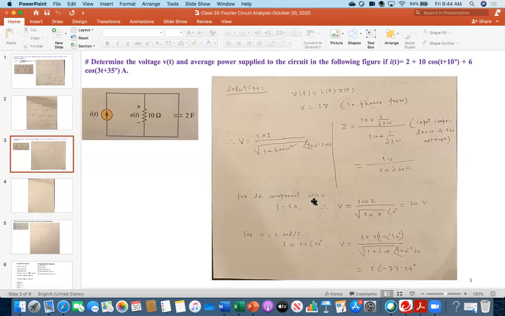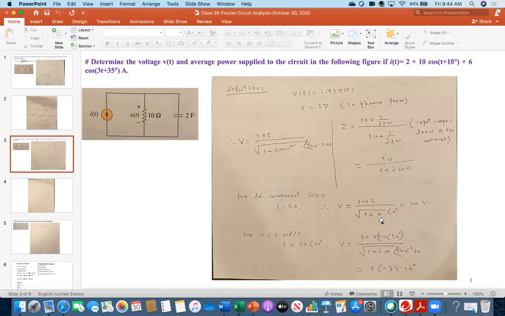So when my I is 2, V is 10 multiplied by 2, and simultaneously put omega value 0. So this part is 0, so root over 1 plus 0. Tan inverse of 0 is 0, so the angle will be 0. So 20 over 1, so 20 volt.